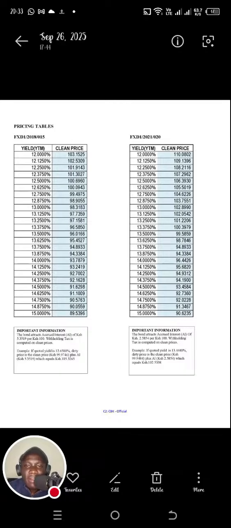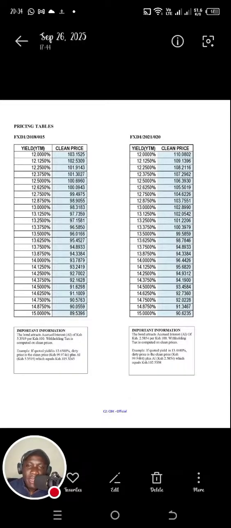A yield of 13.5% means they pay 96.5850 per unit. Hope it is clear. Another investor will come, I want to invest my 20 million, and I demand a yield of 14%. With a yield of 14%, they will pay 93.7879 per unit. I hope you get the point.